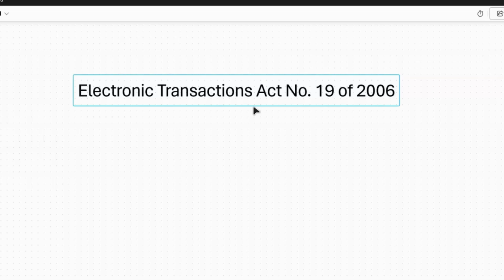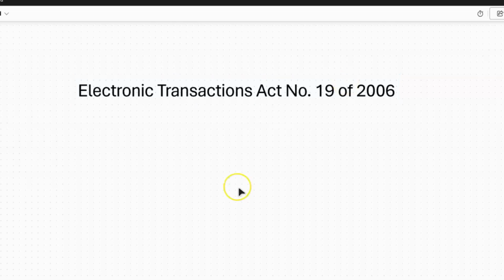For example, buying a laptop online becomes legally valid. The second one is encourage reliable electronic transactions. It means people should trust electronic systems. For example, using digital signatures instead of handwritten signatures.